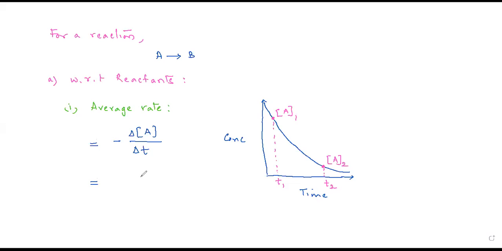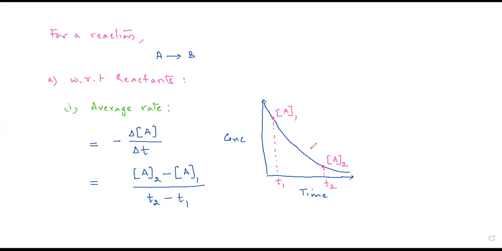What do you mean by delta A by delta T? Delta A can be given as A2 minus A1 by delta T can be given as T2 minus T1.